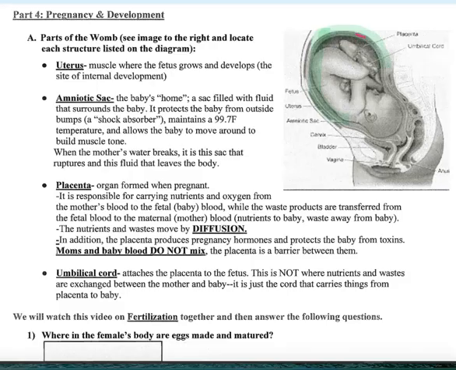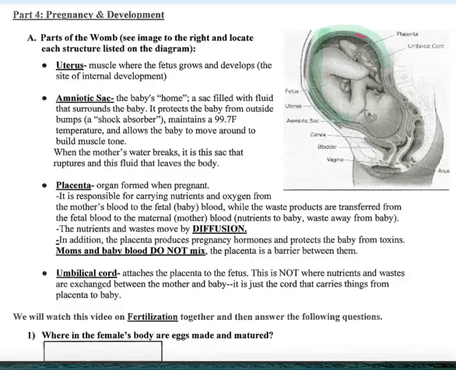This is the baby's home, and it's filled with fluid that surrounds the baby, and it protects the baby from any outside bumps, so it's like a shock absorber. It's usually maintained at 99.7 degrees Fahrenheit, and it allows the baby to move around. So the baby's kind of swimming in this fluid. And when the mother's water breaks, it is the sac that ruptures and the fluid leaves the body.